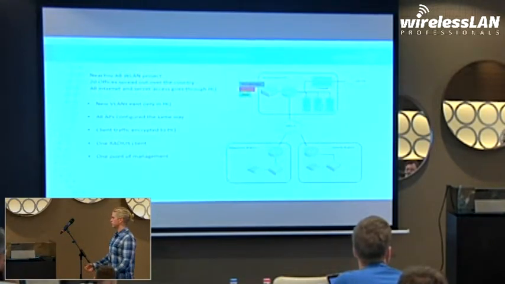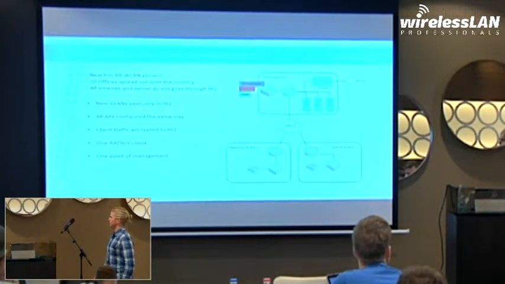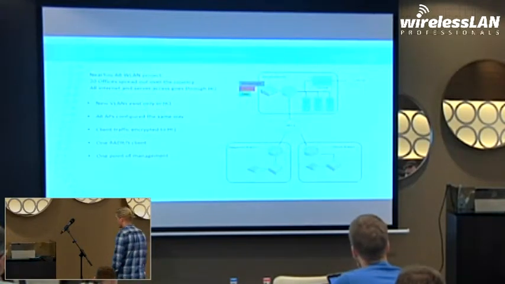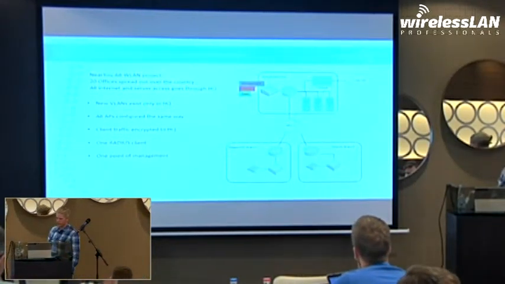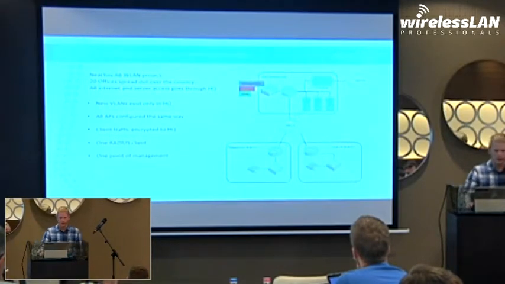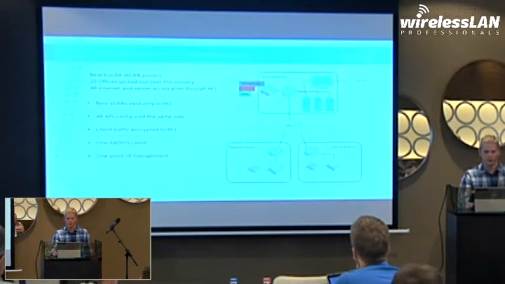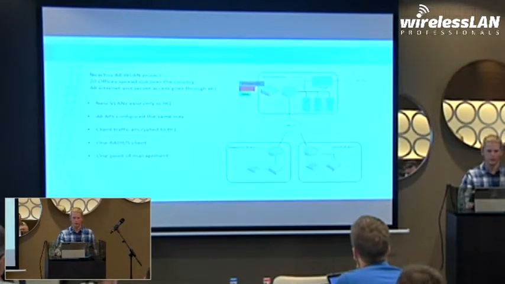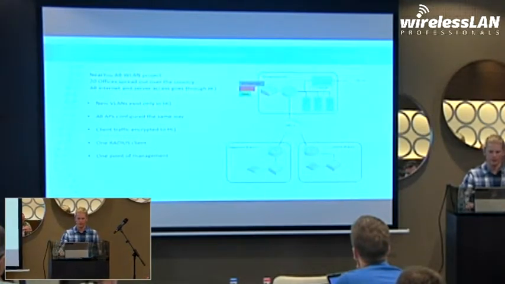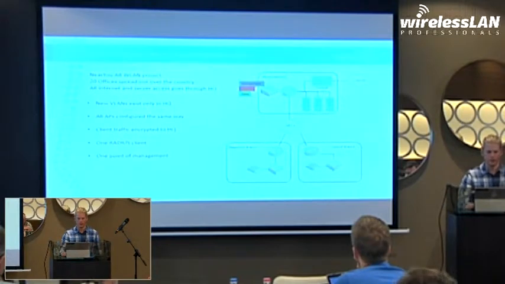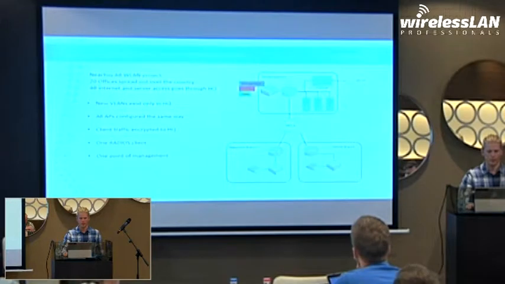So if one school grows a little bit, they'll add another VLAN just inside their headquarters, very easily fixed. Client traffic is encrypted all the way to headquarters. It's end-to-end encryption. You get the same one RADIUS client deployment, easy, and one point of management.